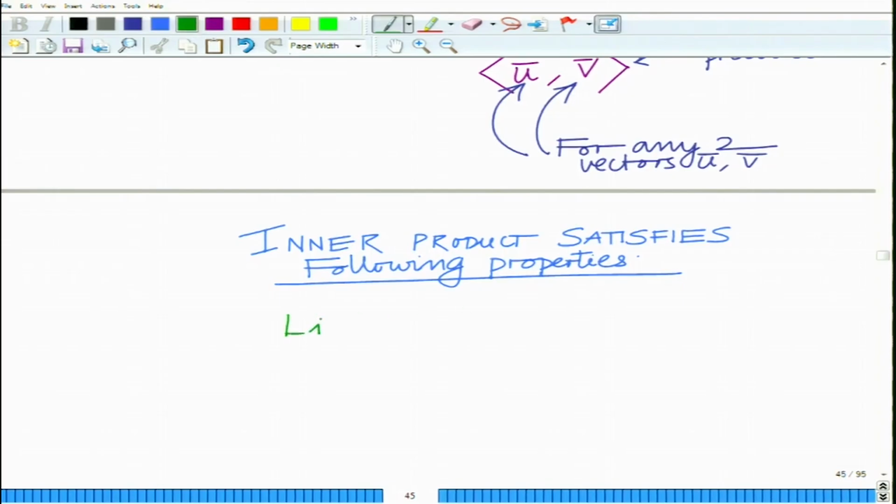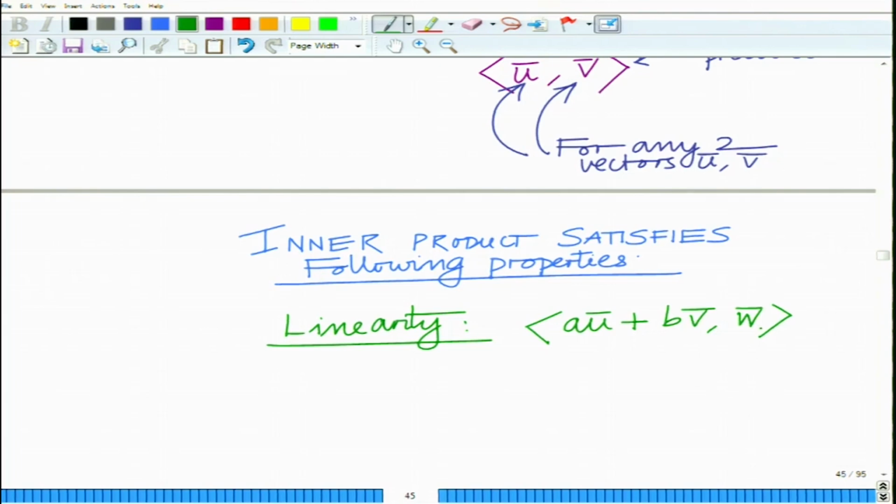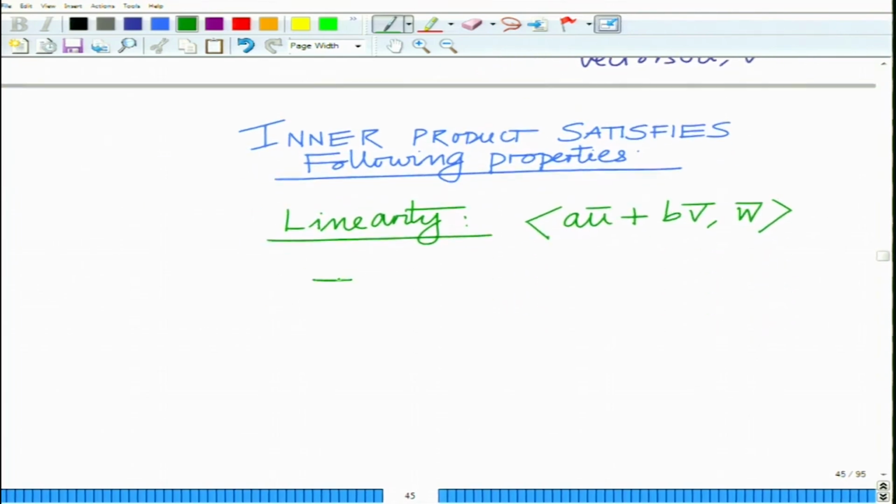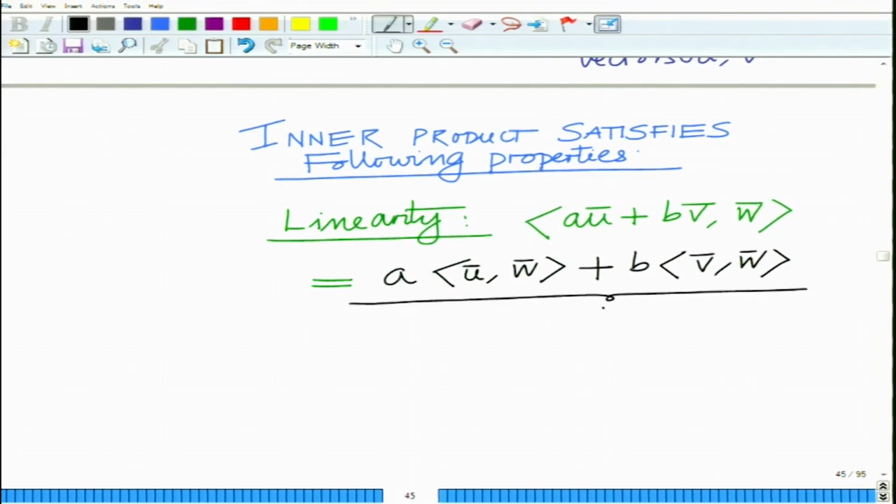First property is linearity, that is, the inner product of a linear combination A u bar plus B v bar is the linear combination of the inner products, that is, A times the inner product of u bar with w bar, plus B times the inner product of v bar comma w bar. Okay. So, this basically is the linearity property.